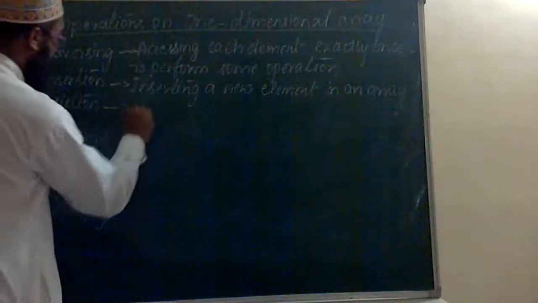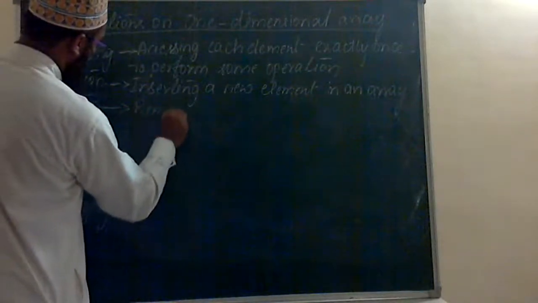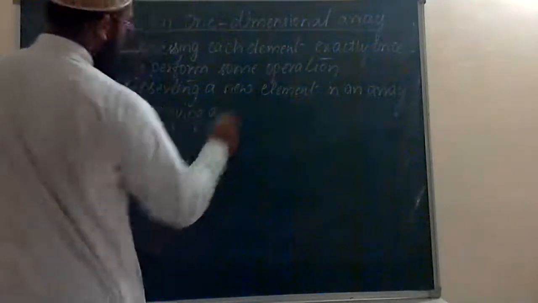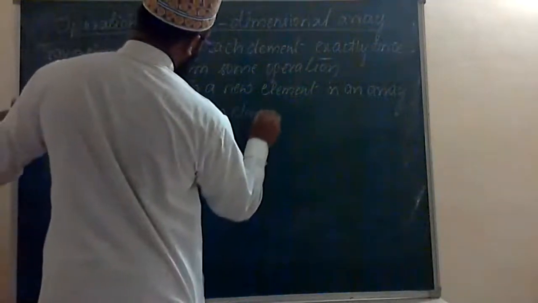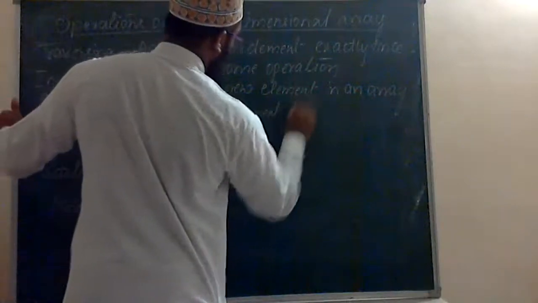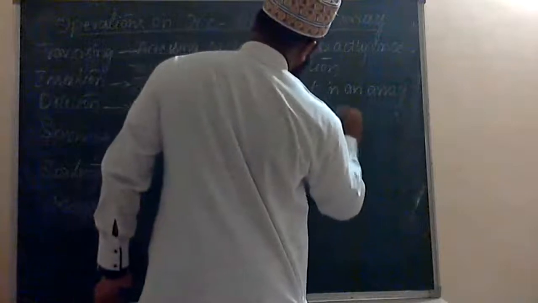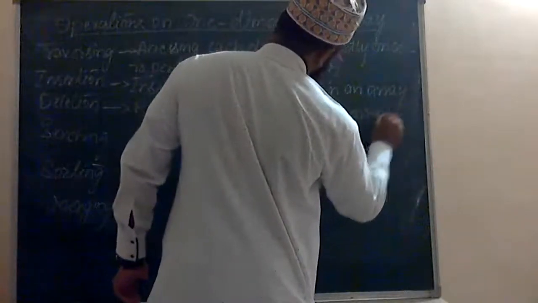Next, deletion: removing an element from the array. If you want to remove the element, then you have to use deletion.